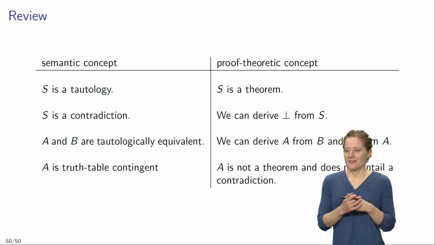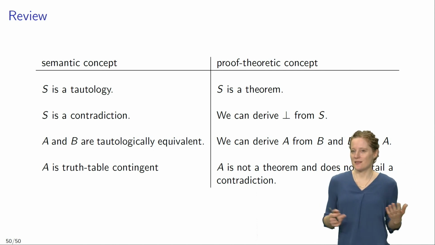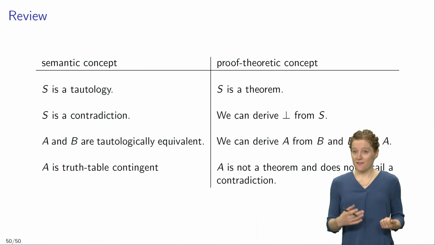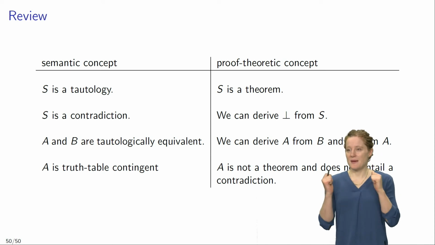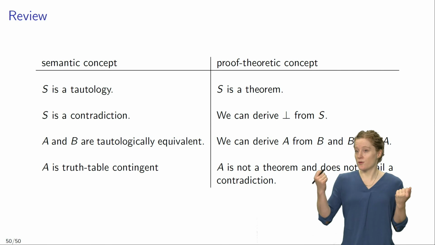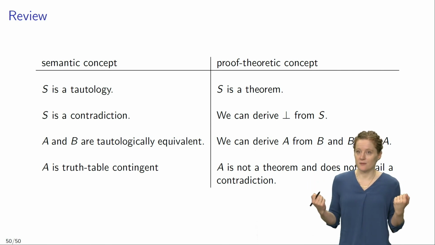And we have discussed what's meant by soundness and what's meant by completeness. Now, TFL is in fact both sound and complete, and that means that the semantic concepts that we introduced earlier in the semester and the proof theoretic concepts that we introduced today are interchangeable.